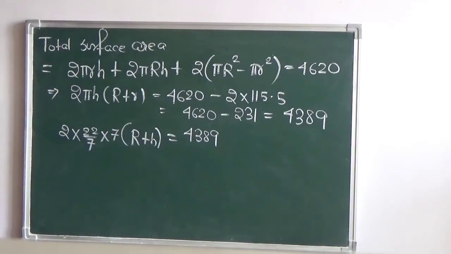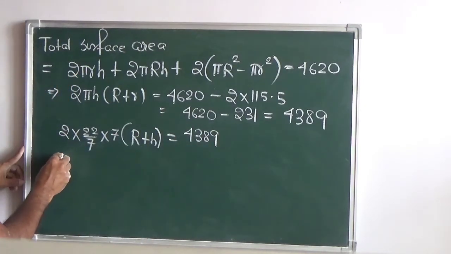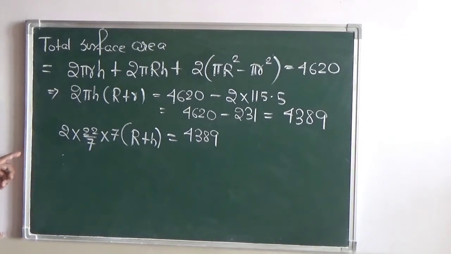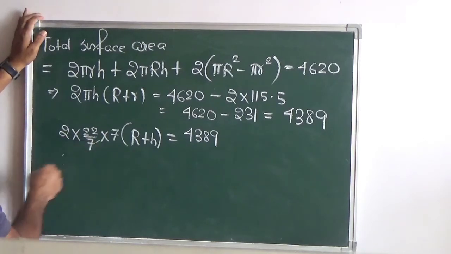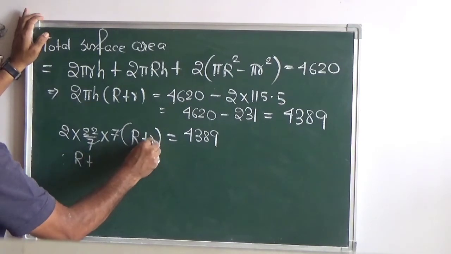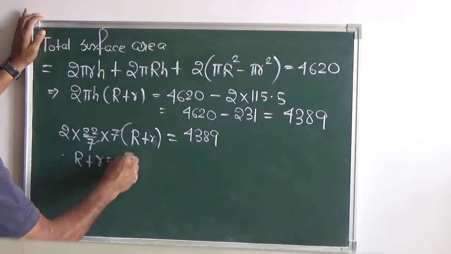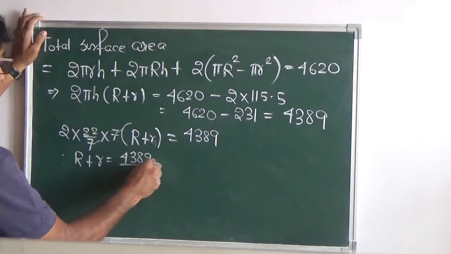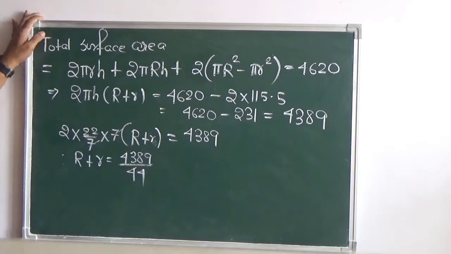So if we solve this, we have 7, you can cancel, this is R plus r equals 4389 divided by 44. But we need to find the value of R minus r, isn't it?